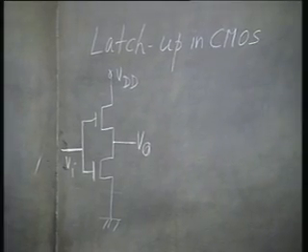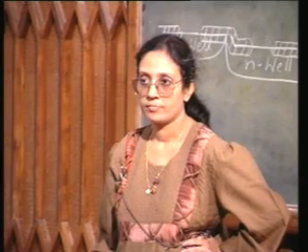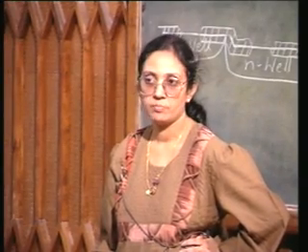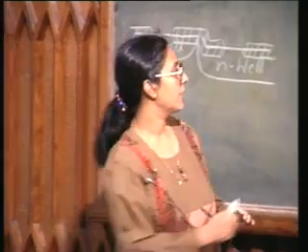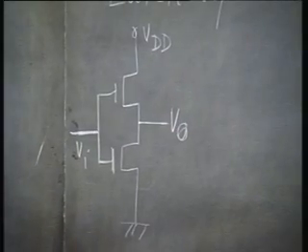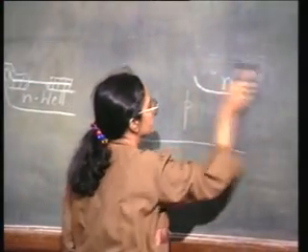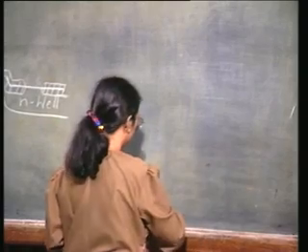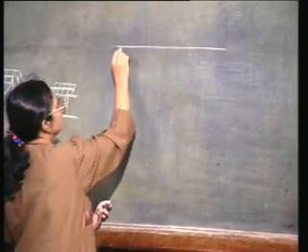Now, if a CMOS inverter is connected like this in a circuit, what do I have?